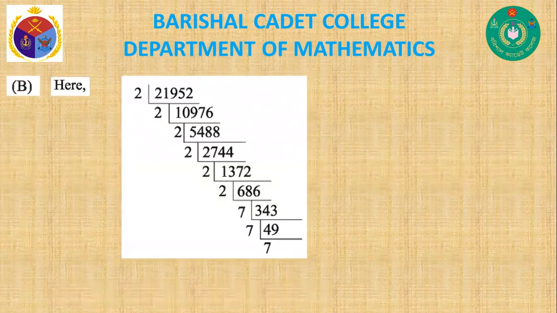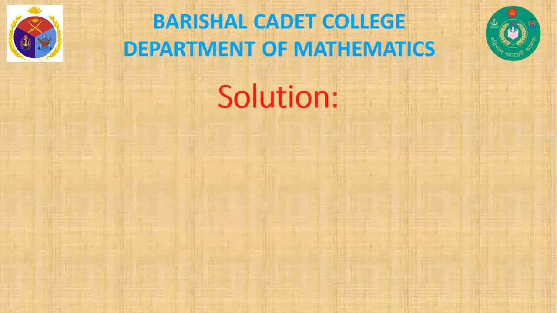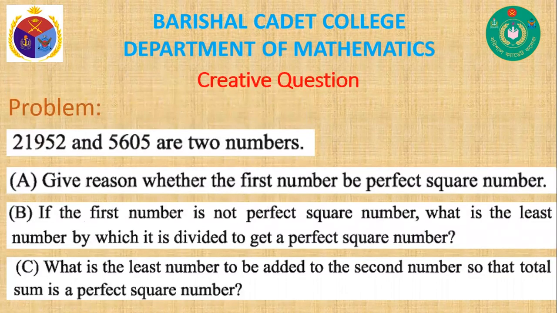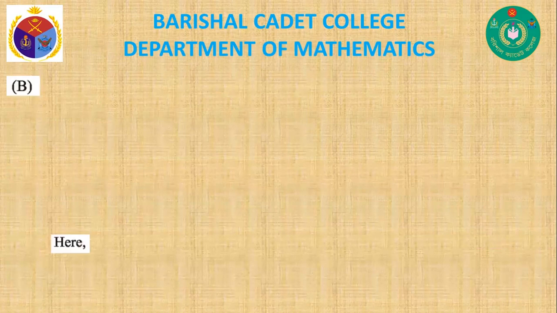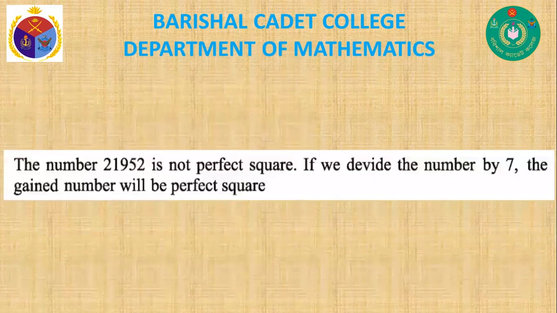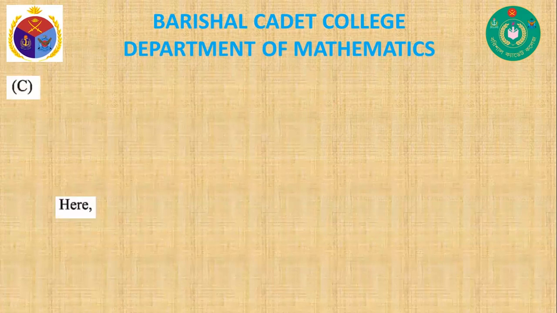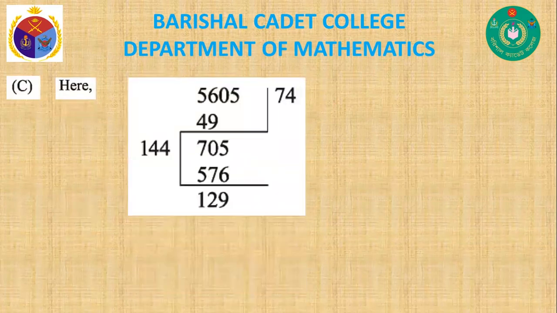Now we will see what is number C. What is the least number to be added to the second number so that the total sum is a perfect square number? So we will start. This is number C. The number was 5605. First of all, I have made this 56 a pair and 05 is also a pair.